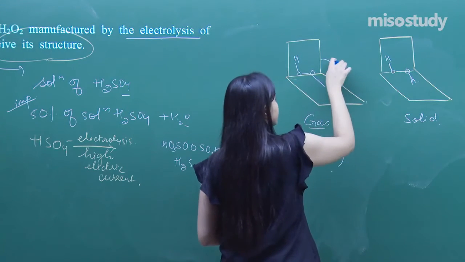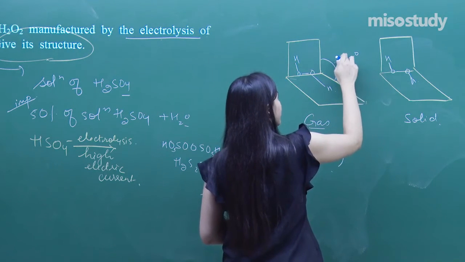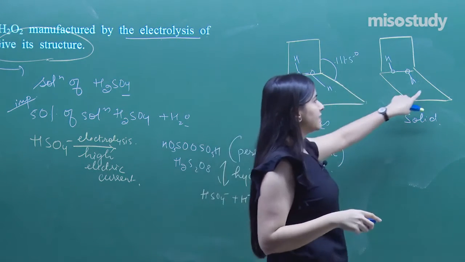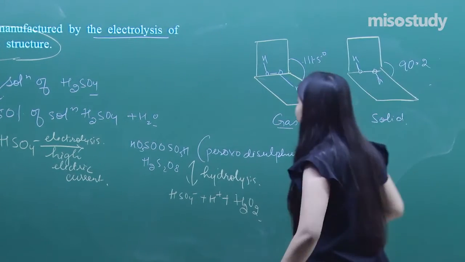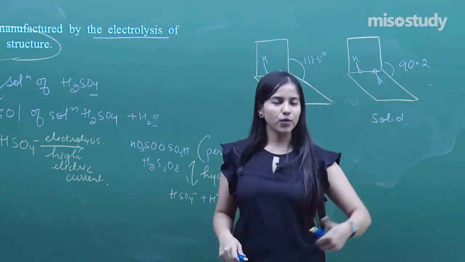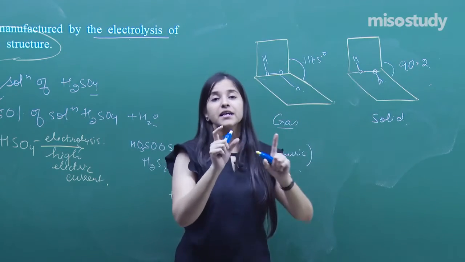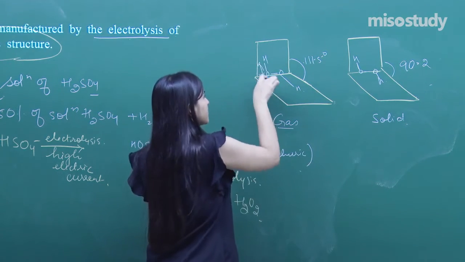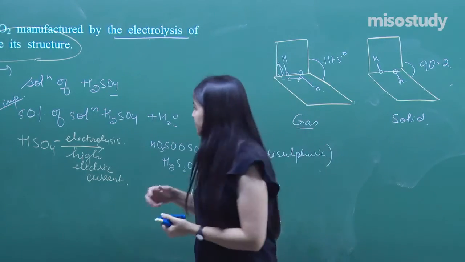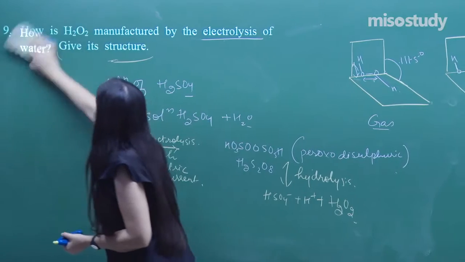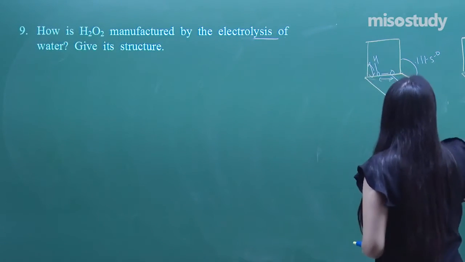So basically in gaseous, the dihedral angle is more, 111.5 degrees, whereas in the solid phase it's slightly less, 90.2, that's it. Other specifications you have to write on your own. Over here it would be 95, it would be 98, that is the length I am talking about, and this one will be 147, 145. Clear? Okay.